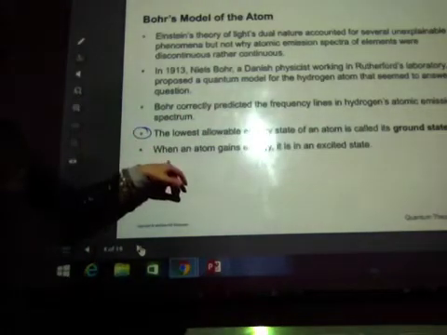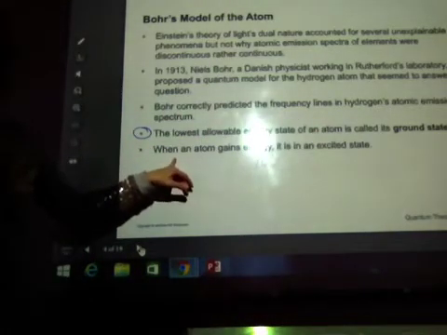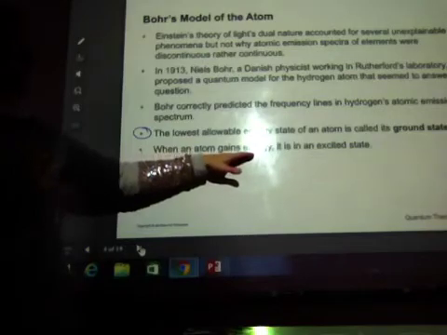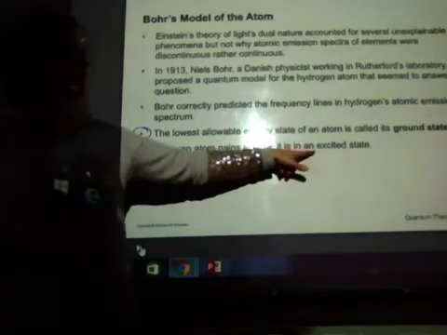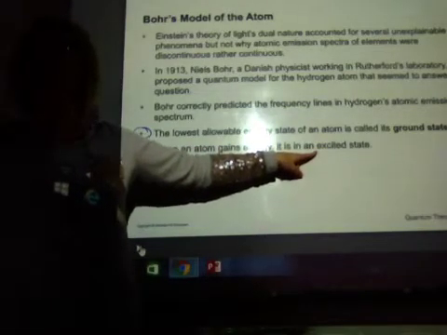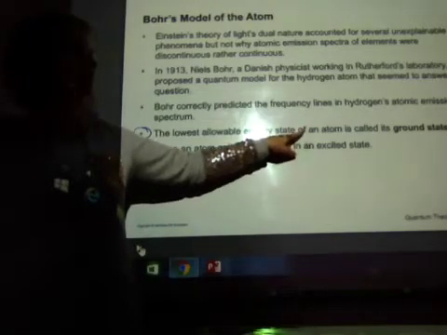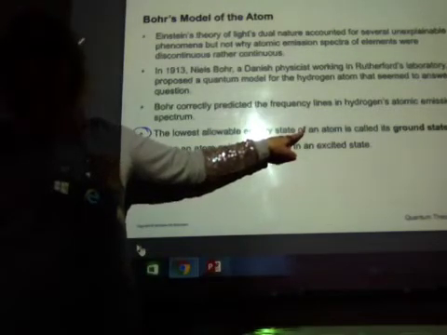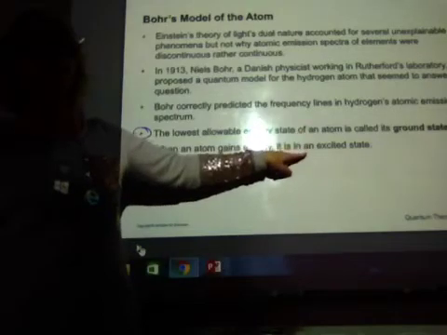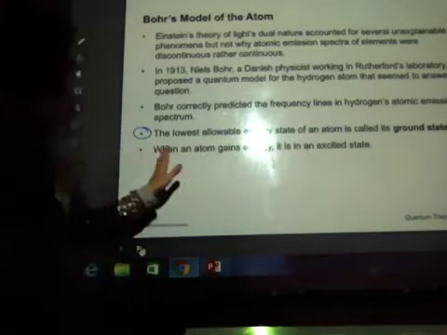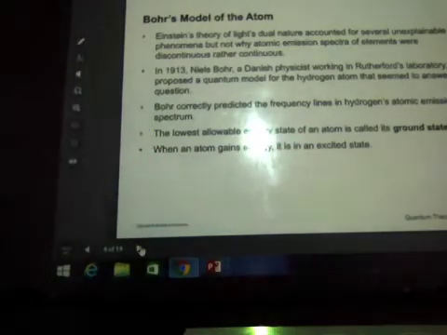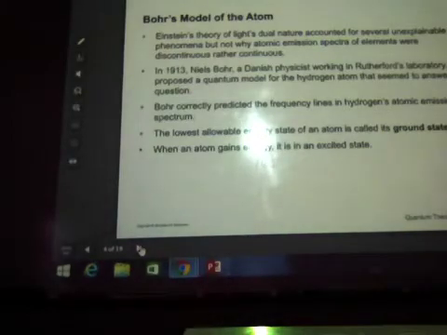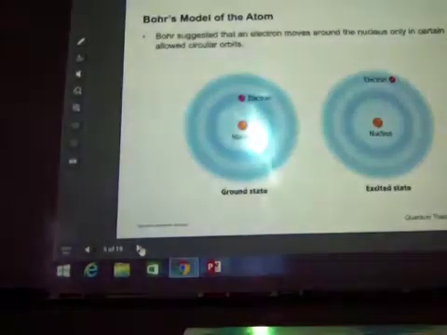When electricity or heat or something is added to the atom, then the electron is going to move to an excited state. So it always starts in the ground level, and then when it's excited, it's going to move to a different level.